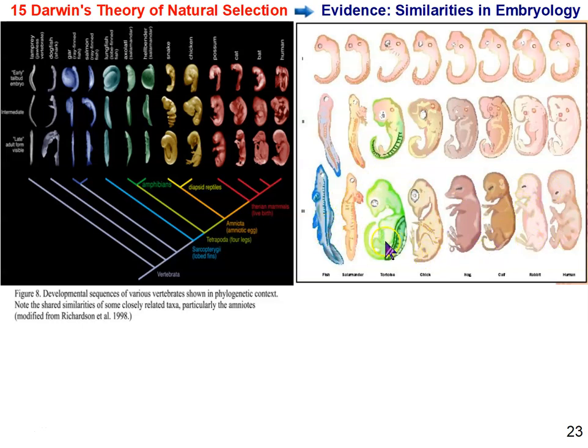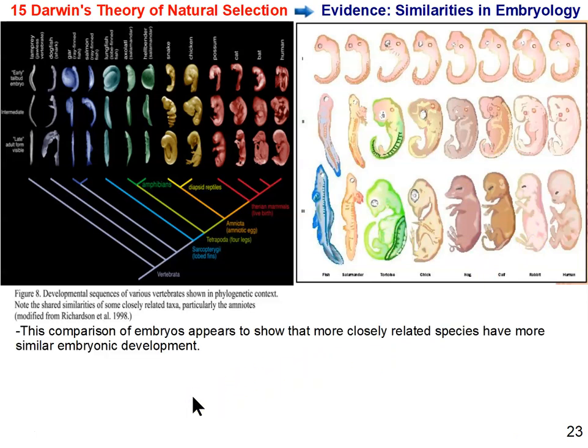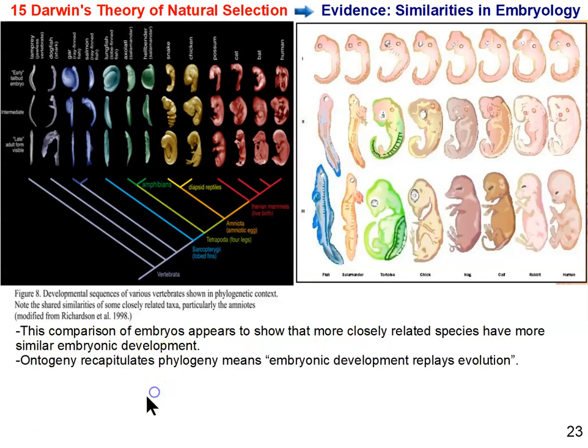The next ones to separate themselves out are the reptiles and the birds, and that's because they are very closely related to each other. And then these mammals, even at this later stage in embryonic development, look very similar to each other, including humans. So that's the idea, that we can see evolutionary relationship as we compare embryonic development in different species. More closely related species have more similar embryonic development.